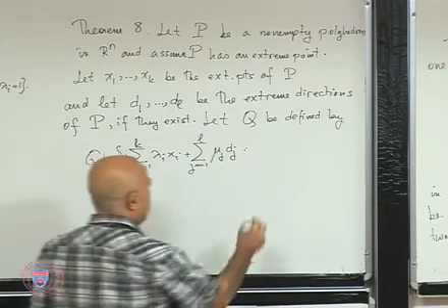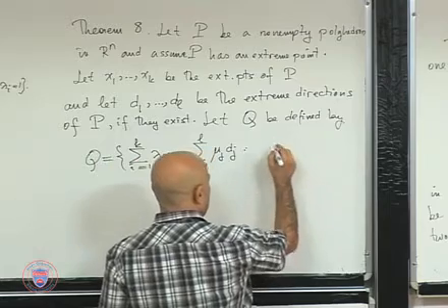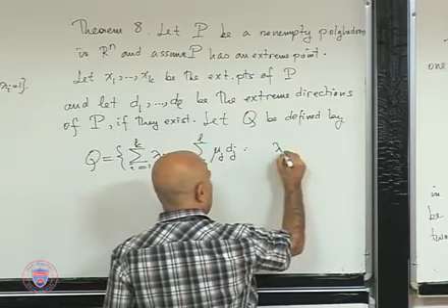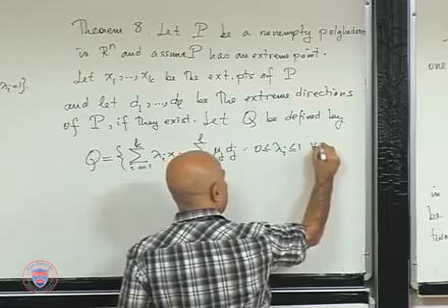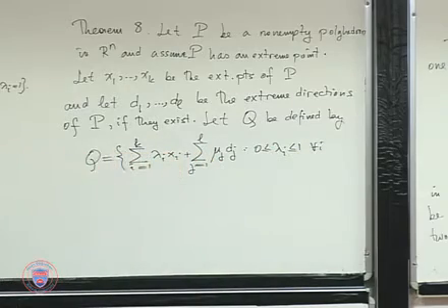Here, lambda i are real numbers between 0 and 1 for i going from 1 to k.